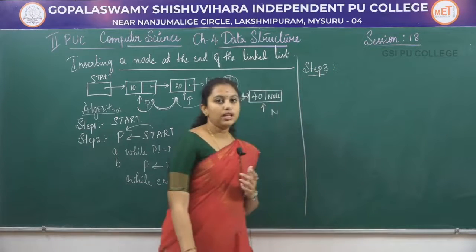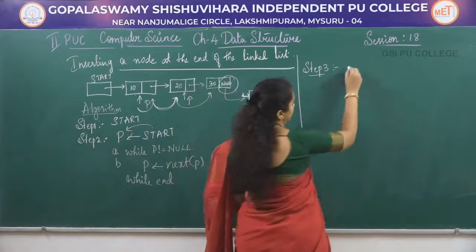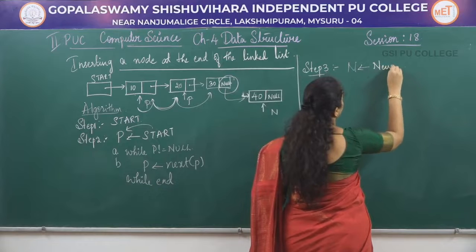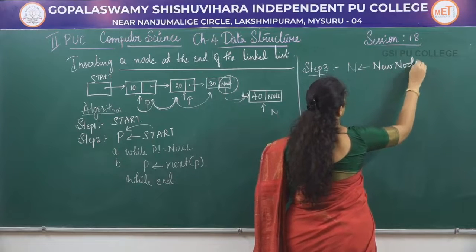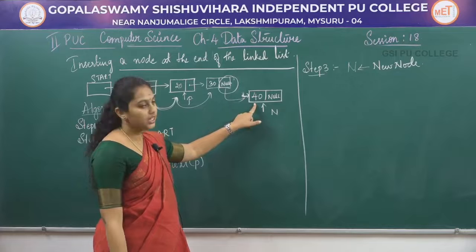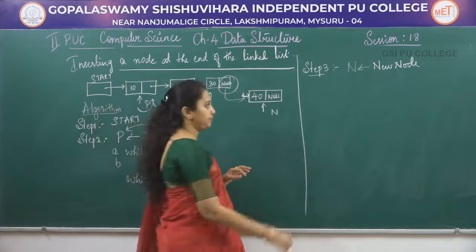In step 3, create a new node and copy the address to the pointer n. So now this new node we have created, we are copying the address to the pointer n.